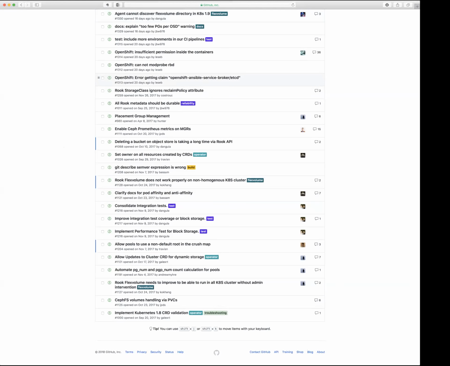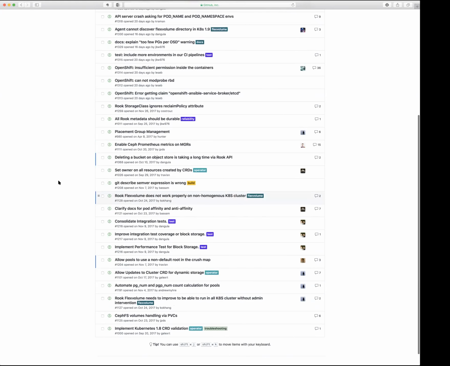I asked during KubeCon whether Flex Volume is ever going to support raw block storage, because that's needed for local volume, and they said no, it's not going to be supported, and we're not going to accept it because they don't want to change the API.